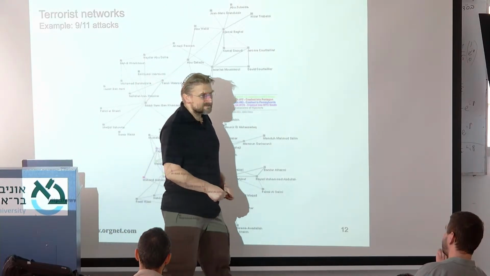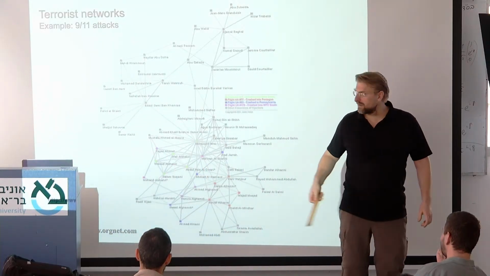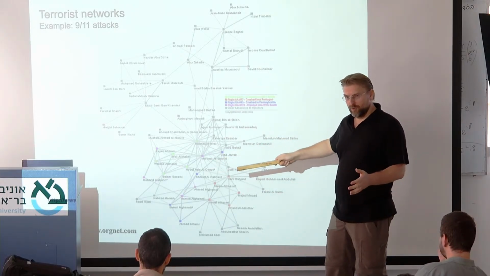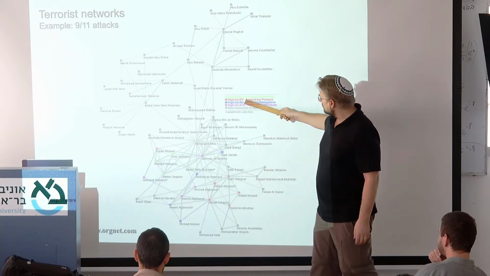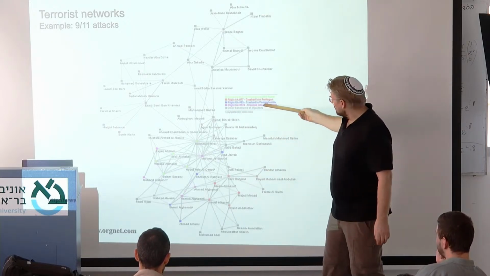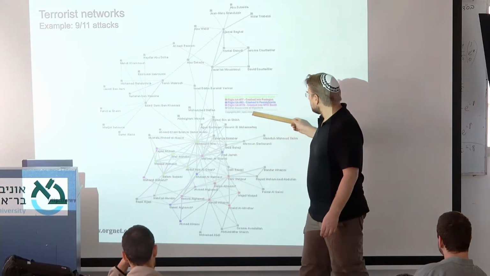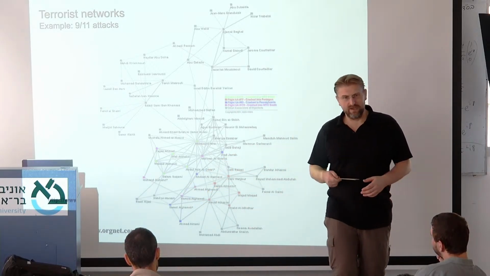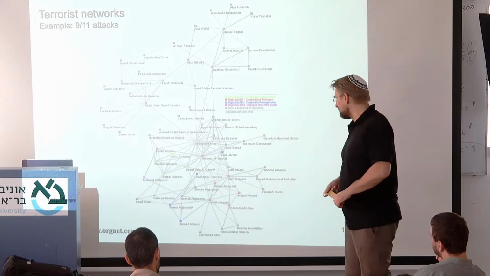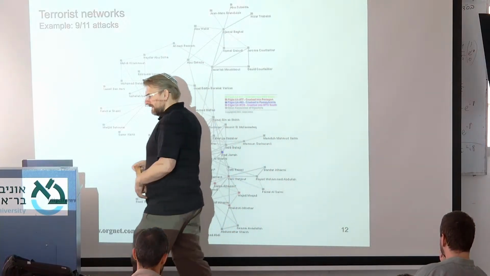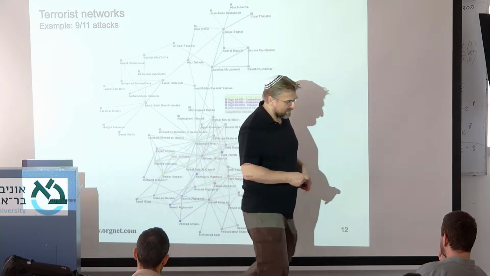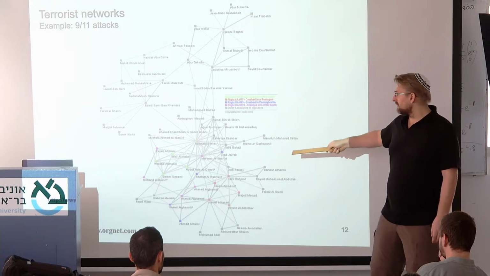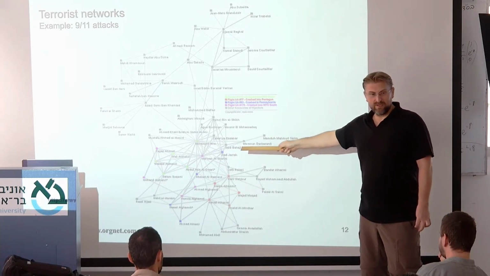This is a terrorist network from the 9/11 attacks, just plotting who was talking with whom, right? And then matching this to who. The green ones went into the World Trade Center, and the blue ones hijacked the airplane that crashed in Pennsylvania. This way, I'm sure that the military is using these kinds of algorithms to identify hidden nodes, right?